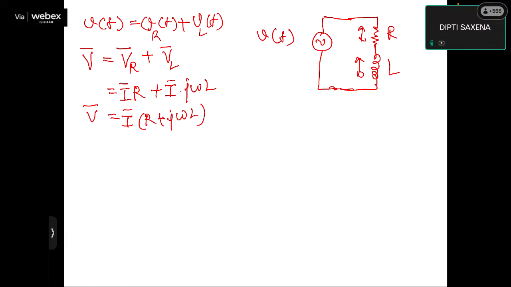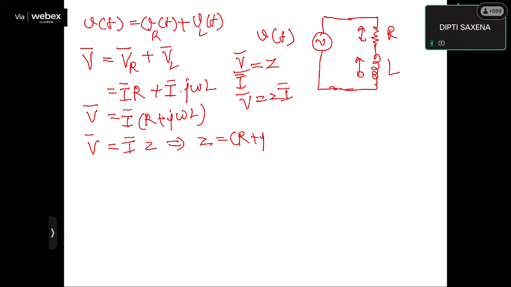So V is equal to I times R plus j omega L. Now, as you already know, V upon phasor I is equal to Z, that is, phasor V is equal to Z into phasor I. So for this circuit, it implies the impedance of an RL circuit will be equal to R plus j omega L.